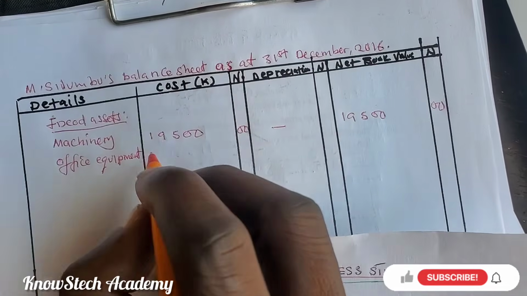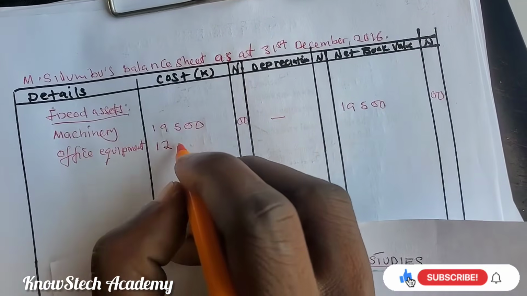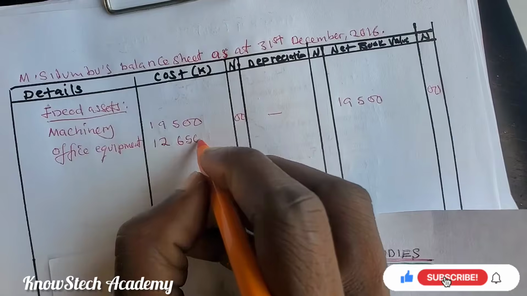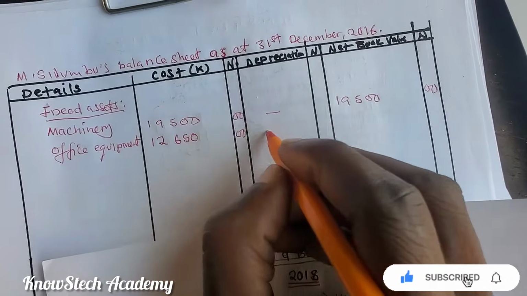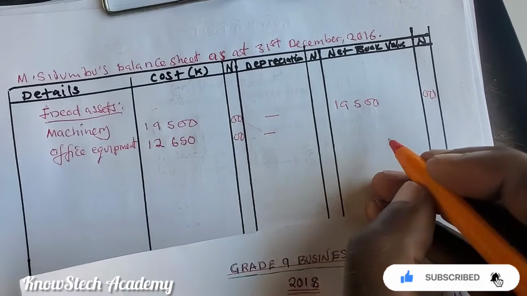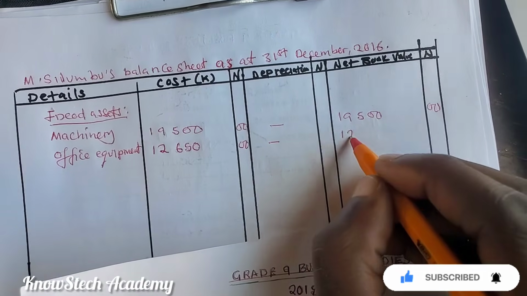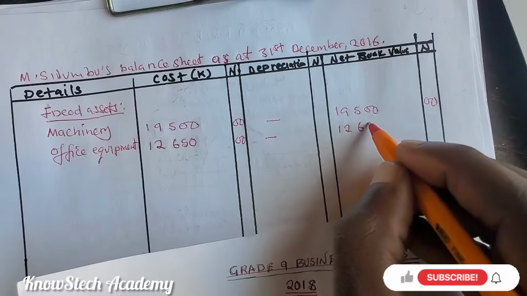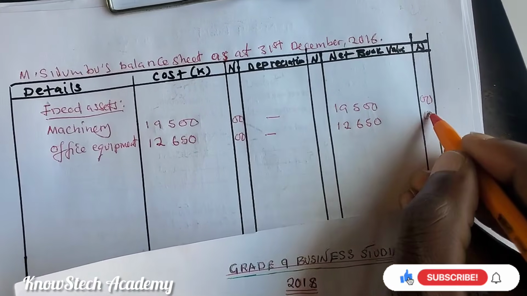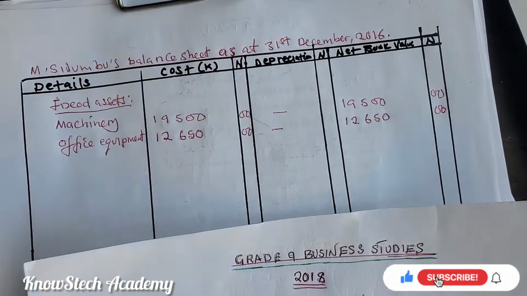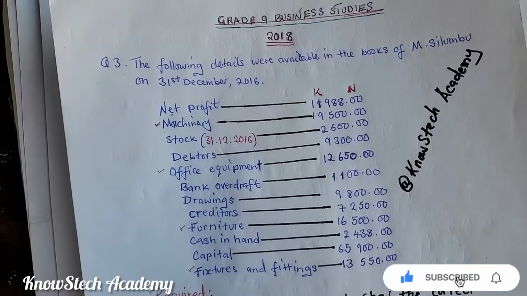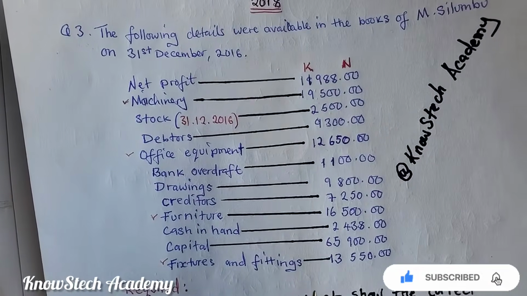In the cost column, we're going to write 12,650. There was no loss in value, so no depreciation. The same amount, we're going to write on the net book value as 12,650.